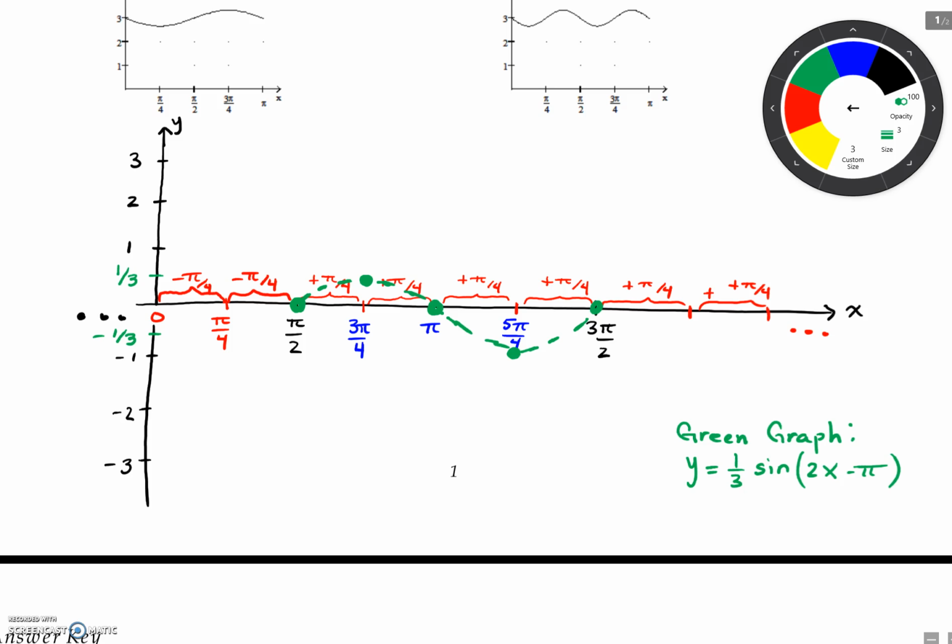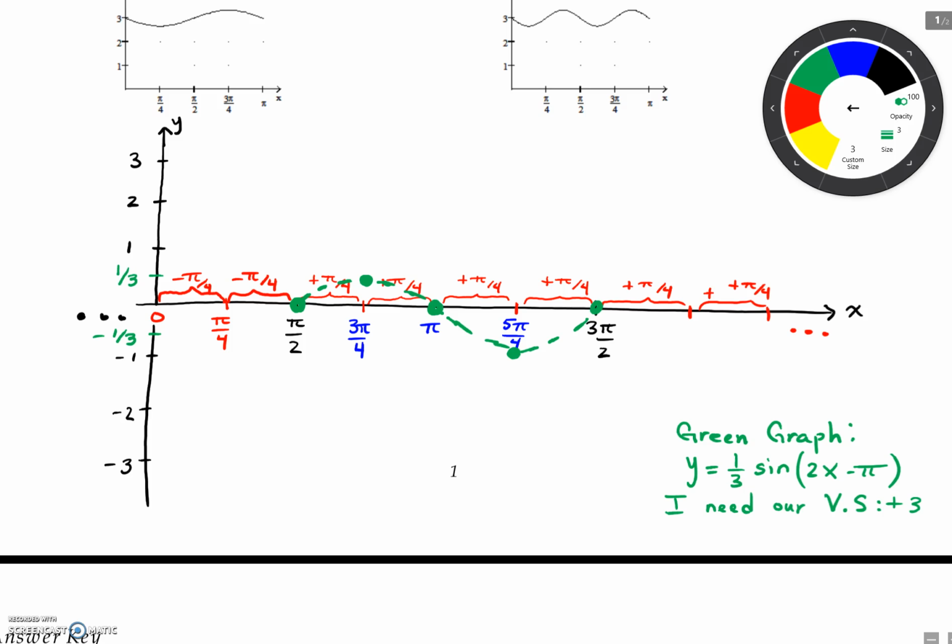So if you think about what we have here, this is almost our answer, except now we need to take care of the vertical shift. So I just need to add, I meant to put our vertical shift, which is +3.